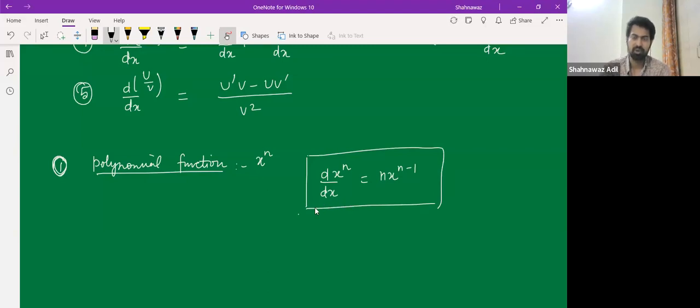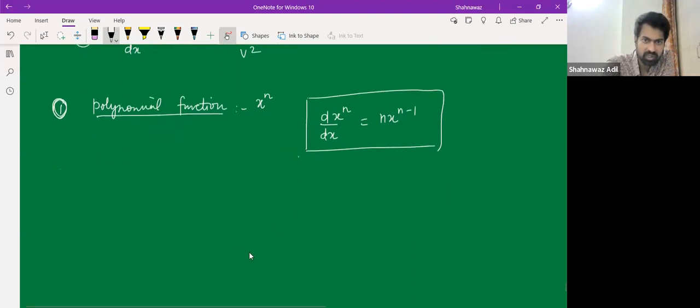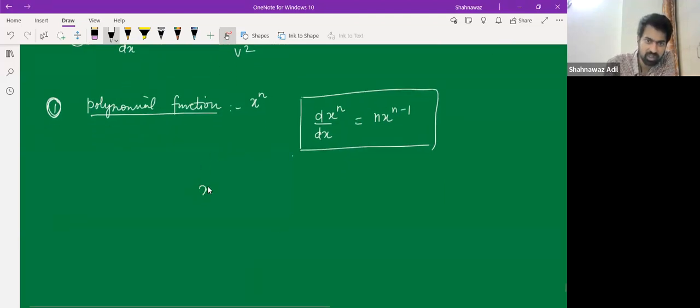Okay. Yeah. So this is the first function that I wrote about the differentiation. We have other functions also, but let us focus on this function for a couple of minutes. Then we calculated the differentiation of, let's say, x to the power 5, d by dx.